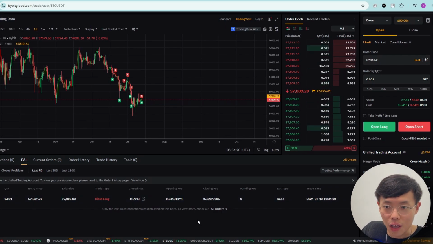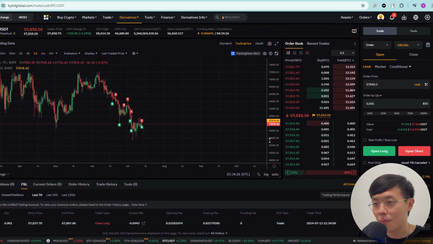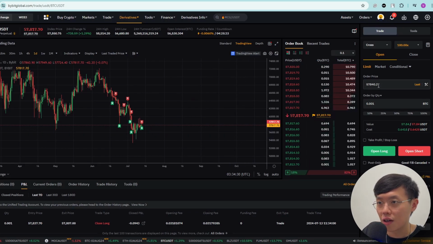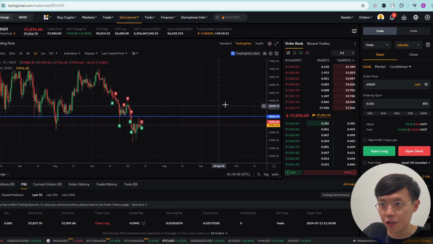Okay, so if you want to open a limit order, for example, right now I want to short. So let's say I want to short when the price goes to 60,000, which is this line right here. Again, I want to have a risk reward ratio as well.